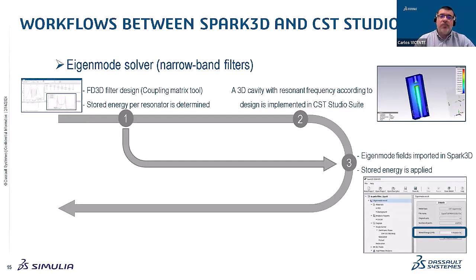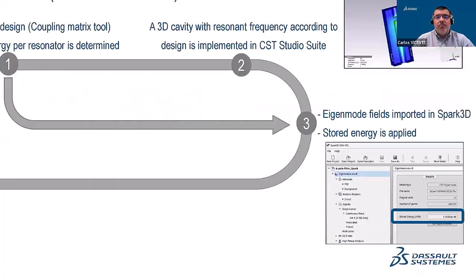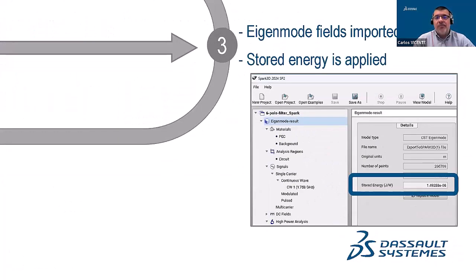And you can do that in the same way as you were exporting the fields with the general workflow. But apart from that, you also have to provide the stored energy computed by FD3D. In this case, I will show a case later on in which you will see that the stored energy is taken for one particular frequency and at one particular resonator.